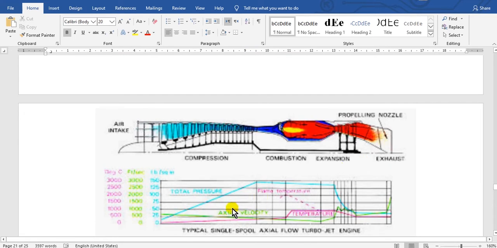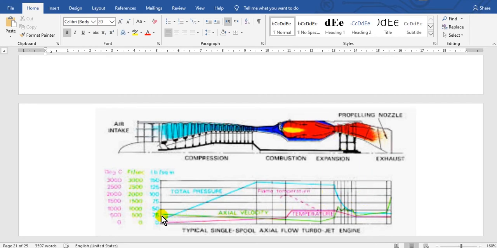Look here at this color. This is the pressure according to the compressor stage: increase, increase, increase, approximately constant here, then decrease here.